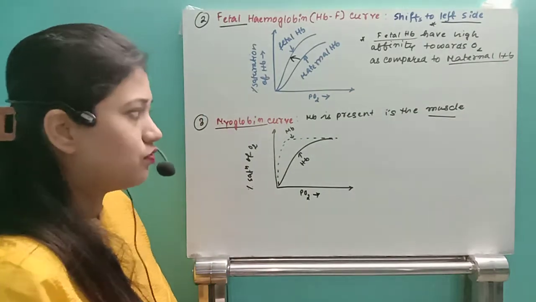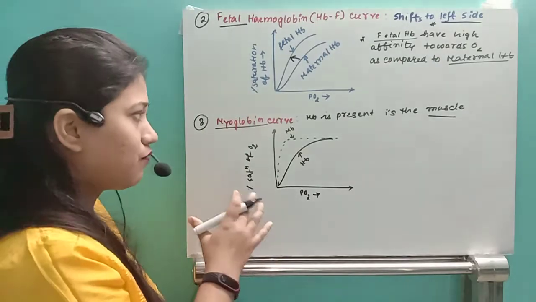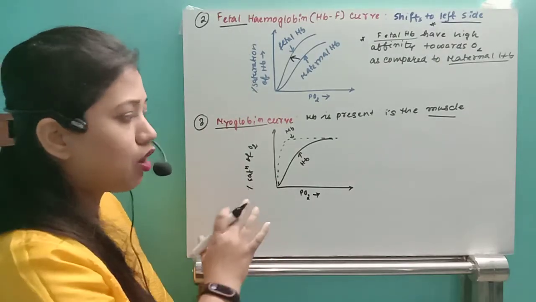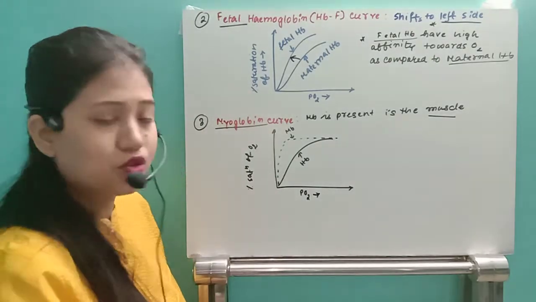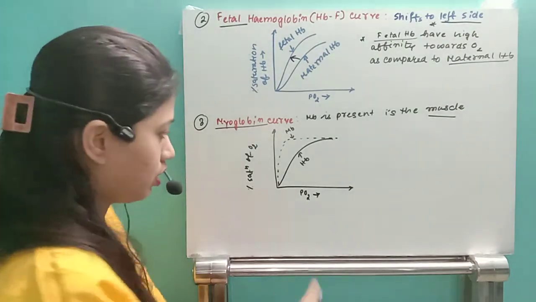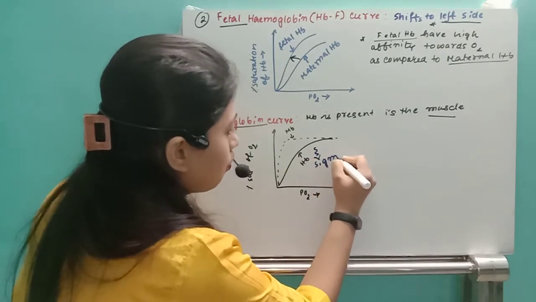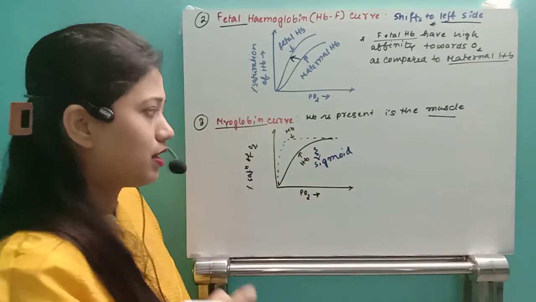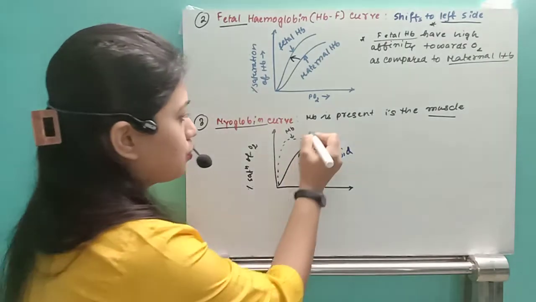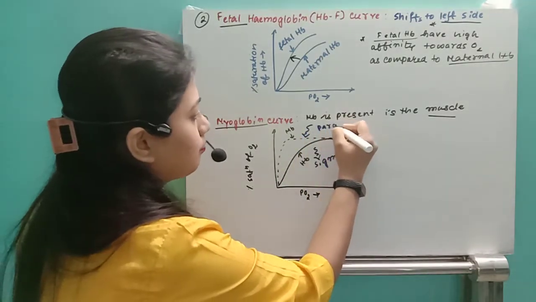Whenever we look at the normal curve, the oxygen hemoglobin dissociation curve, what is its shape? It is sigmoid, right? If you compare this sigmoid curve with the myoglobin curve, the myoglobin curve will be a parabola.